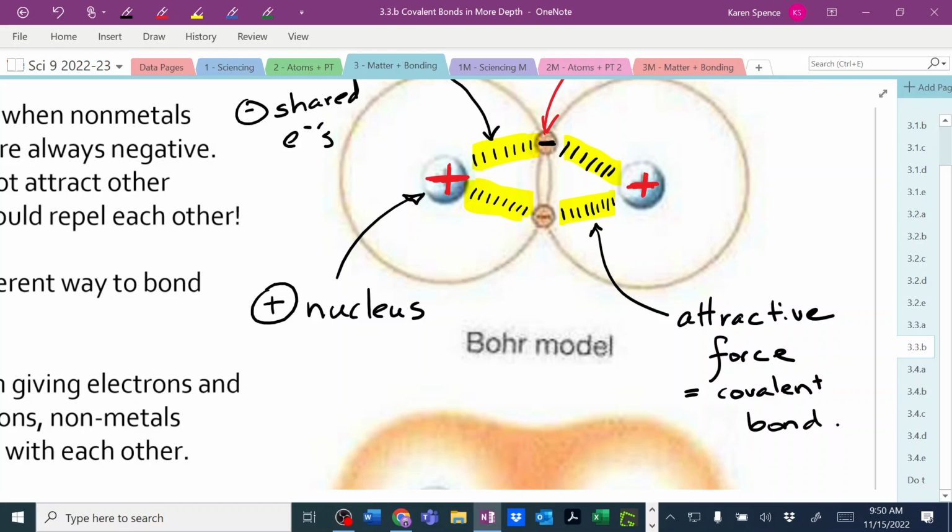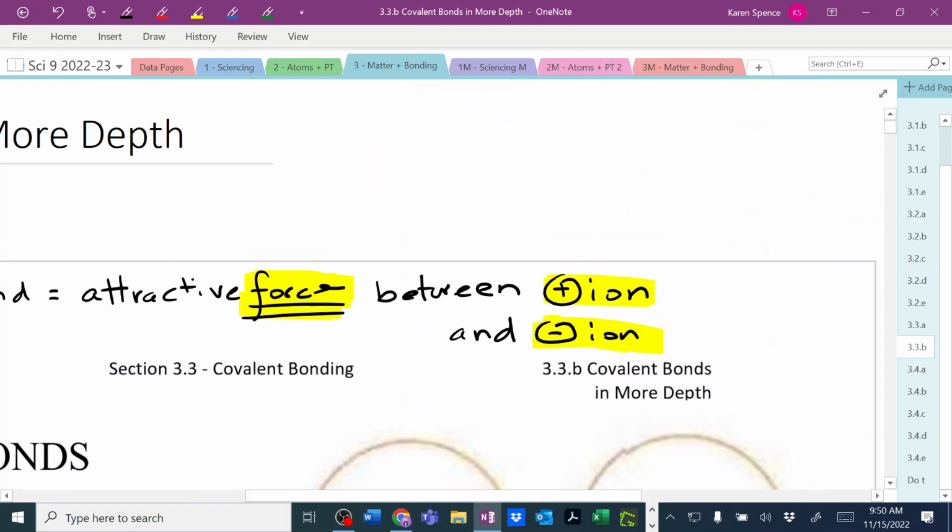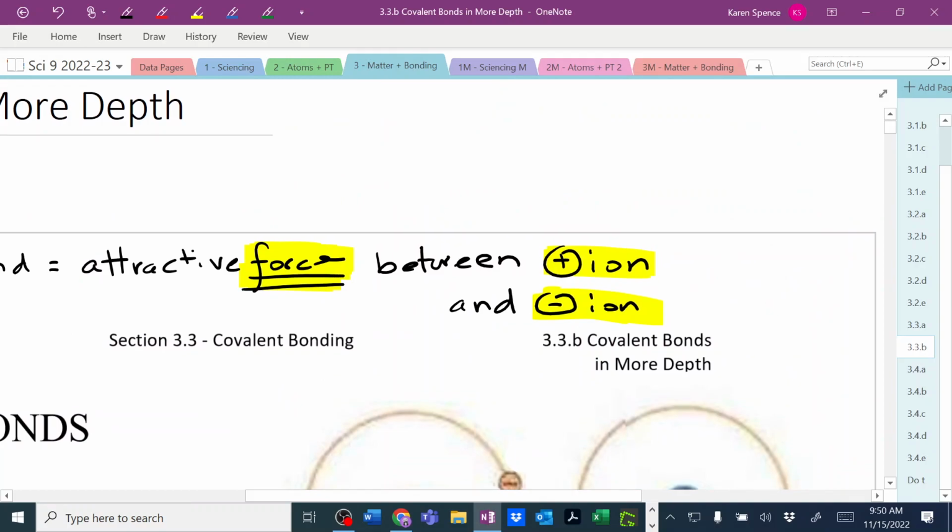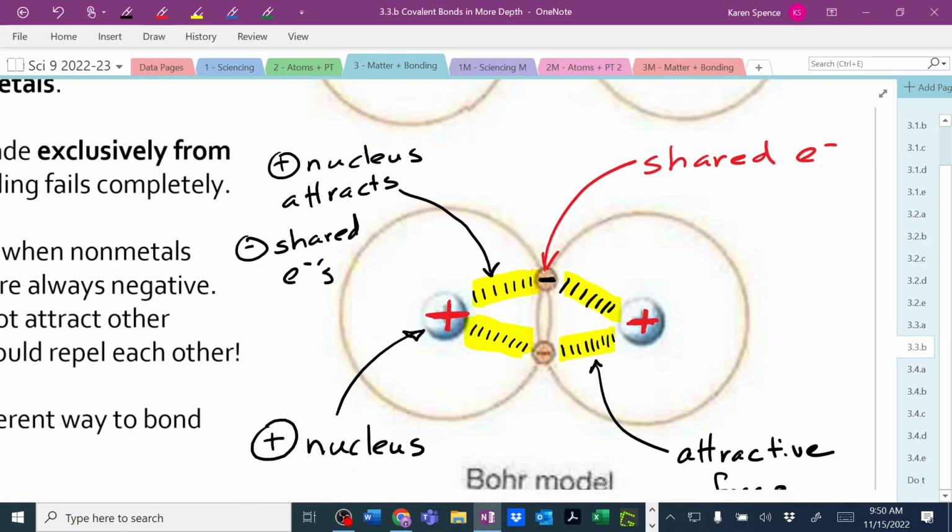Now, here's something interesting to notice. An ionic bond is an attractive force between a positive ion and a negative ion, positive and negative. That is an ionic bond. Down here, look what we have.